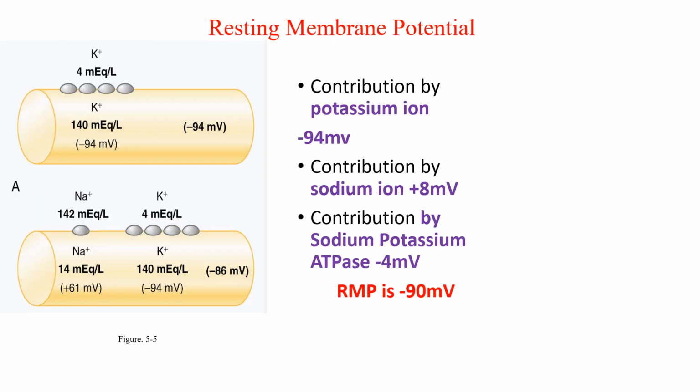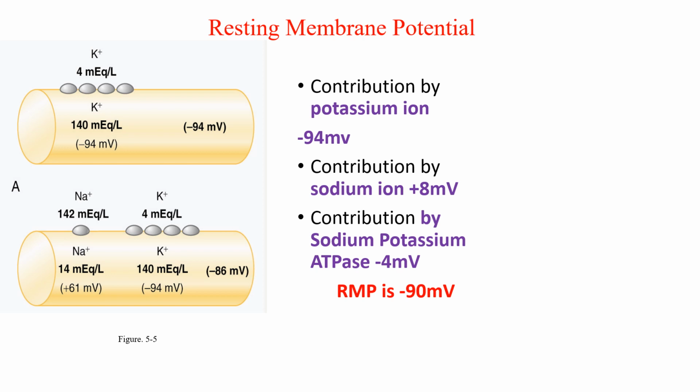So let us summarize what we have learned about this topic of resting membrane potential. As you can see here, in the figure on the left side, the diffusion potential for the potassium ion is -94 millivolts for a neuron, and for sodium it is +61 millivolts.